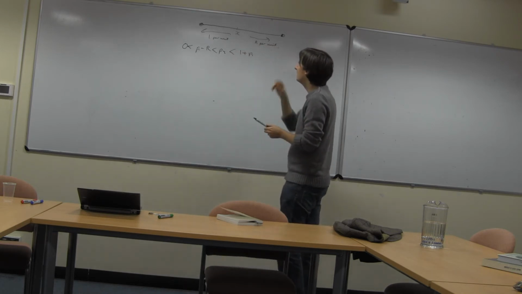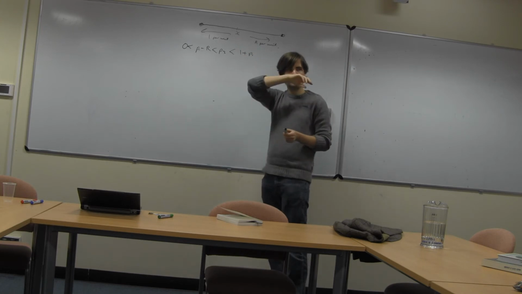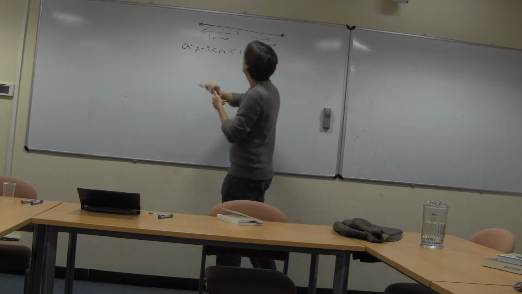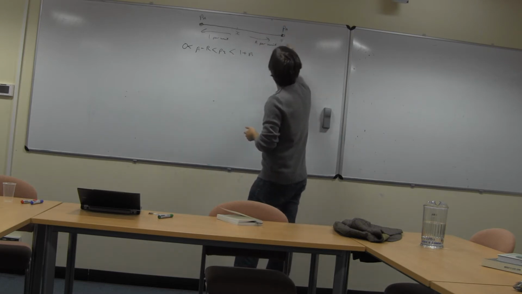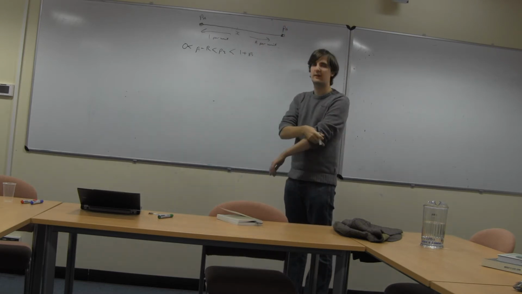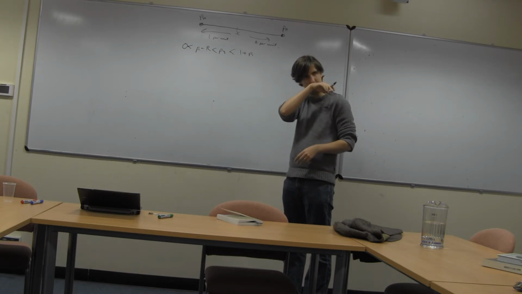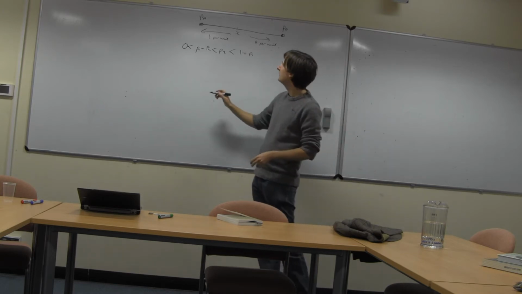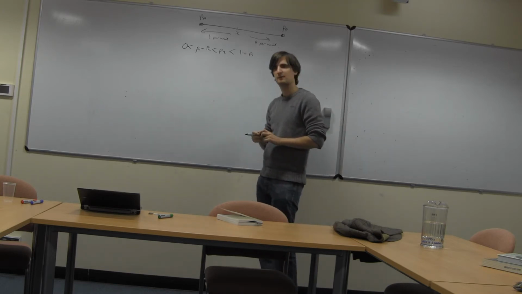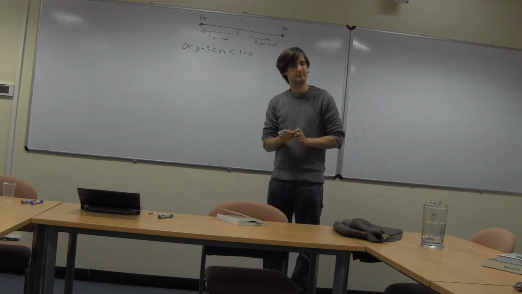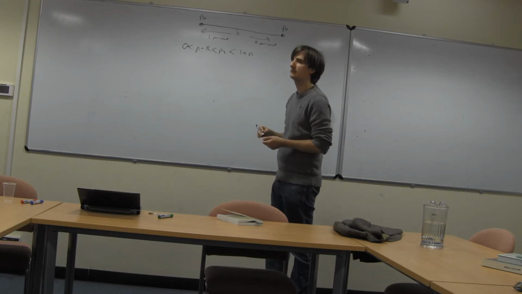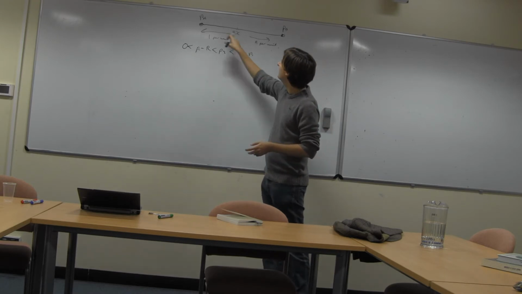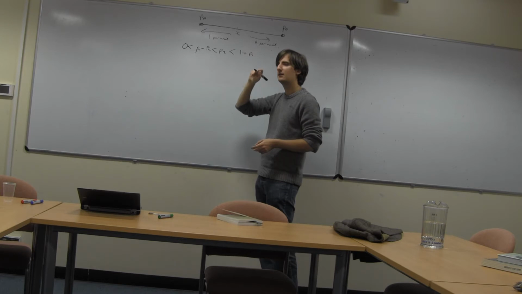Okay, so how would we go about solving for the location of the indifferent consumer here? So let's call this price PA, let's call this one the price PB. So where's the indifferent consumer going to be? If you're located at X, what's your cost from buying from firm A?